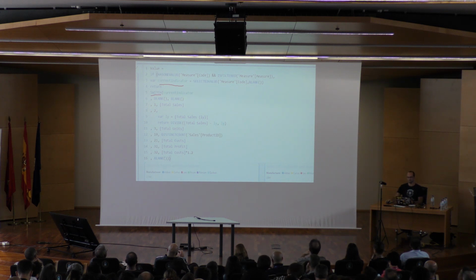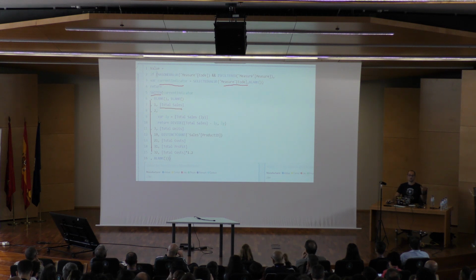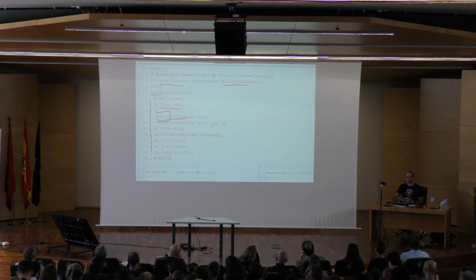So you will need to get from that measure table what's the measure that is actually being selected, and then for each code you will call another measure, or you will do a calculation like this. And this is one of the best practices to make this fast: if you have a formula like this, total sales minus last year divided by last year, you should put last year as a variable, otherwise this will do 2 storage engine queries.